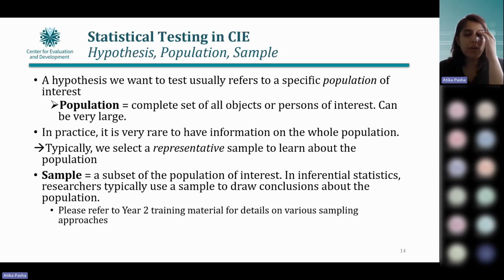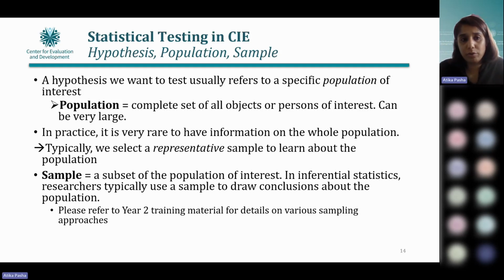And even if you get information on everyone in your program, there are those who did not enter your program and who would still be relevant for your question, but are not part of your program and are therefore outside your program scope, but part of your population. Therefore, what we generally try to do is get a sample of your population, but ensure that the sample is representative.